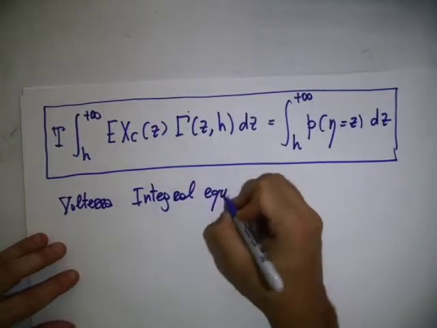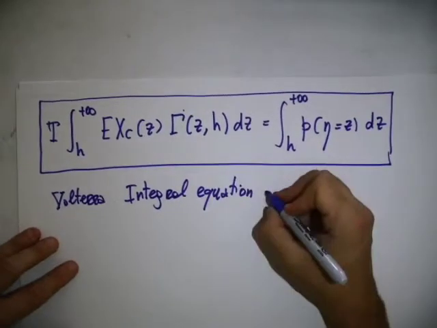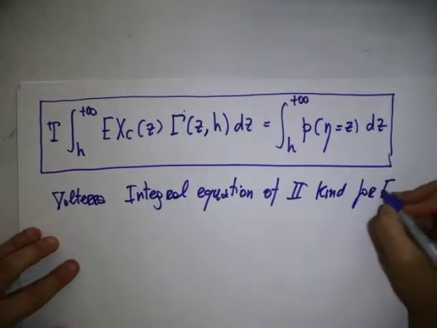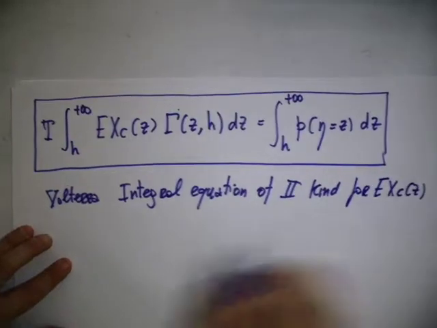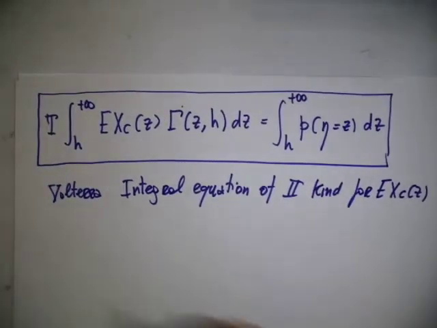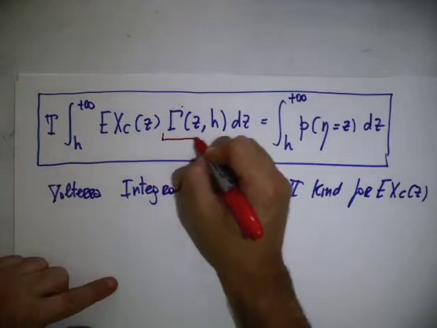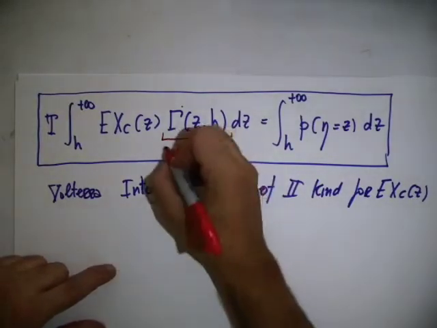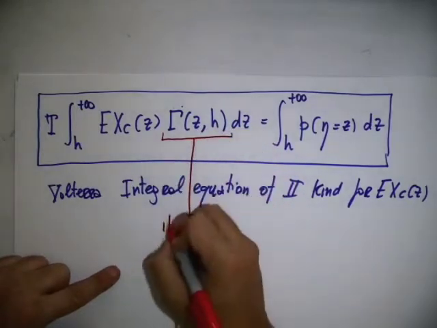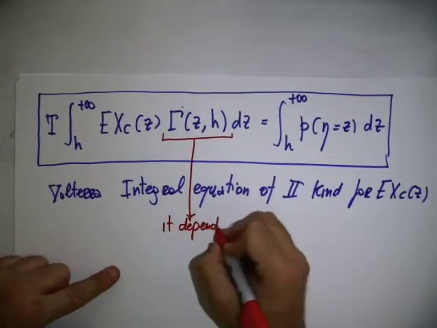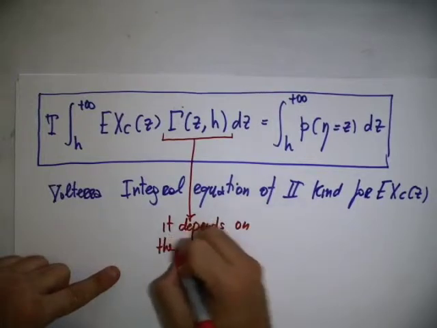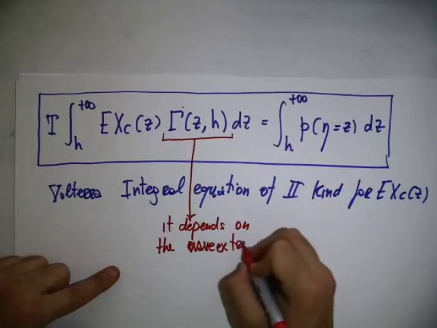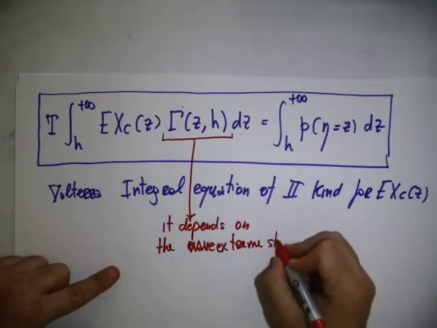Integral equation of second kind for exc of z, which depends only on the structure of the extreme. This quantity here depends on the wave extreme structure. Let's call it shape.